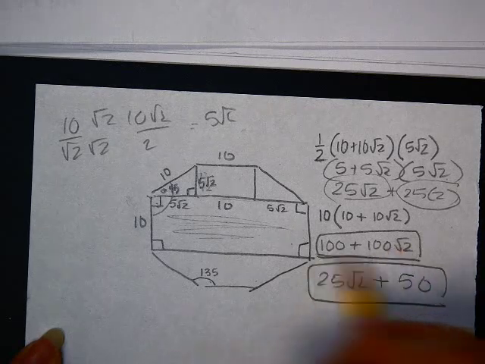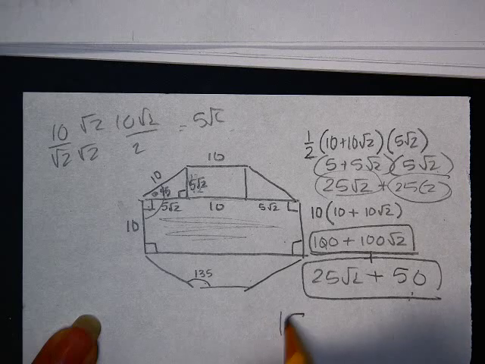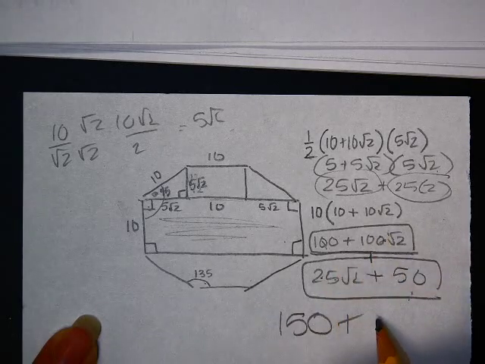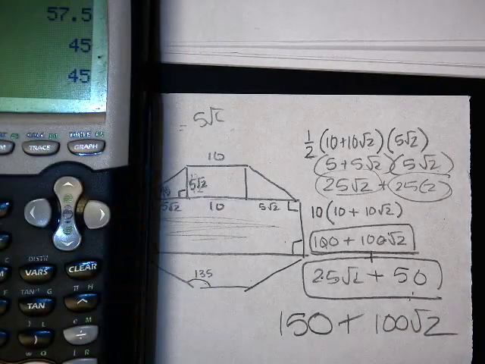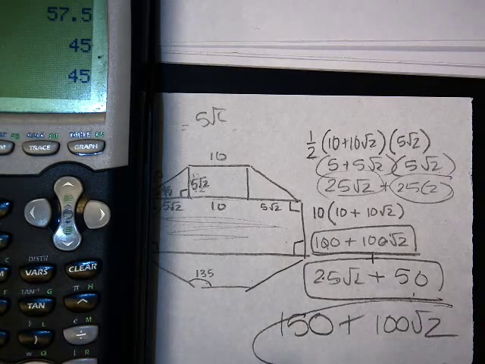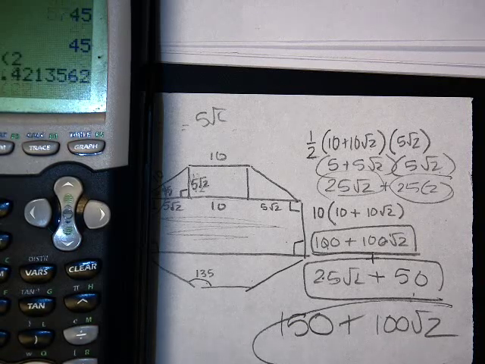So this plus this. So now I'm adding all that stuff together. So these can combine together, and these can combine together. And now, this would be the exact answer. If you had gotten decimals along the way, you could do 150 plus 100 root 2.